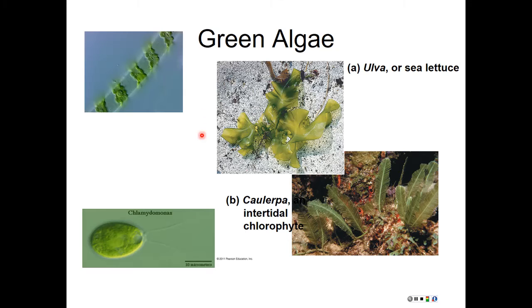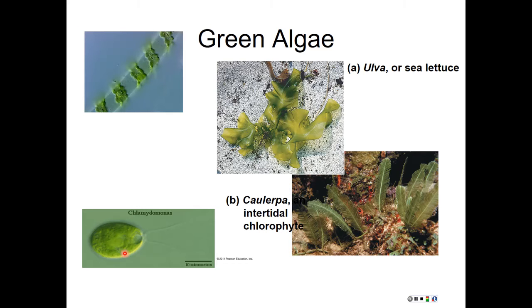And we also have some multicellular algae as well. So this is sea lettuce, which looks a lot like a plant, even though it's not, but it's a multicellular green algae. So we see all kinds of different variety in terms of structure. We also have some variety in terms of habitat.